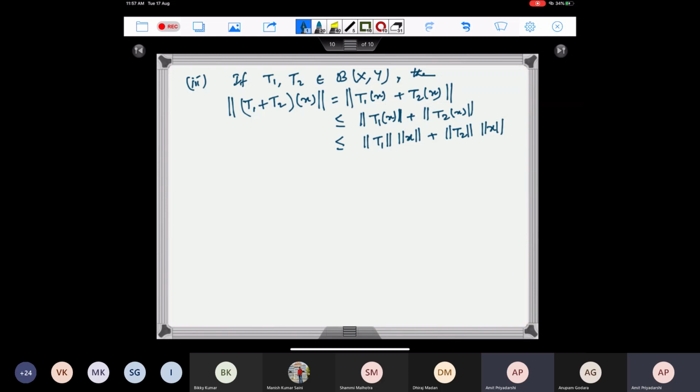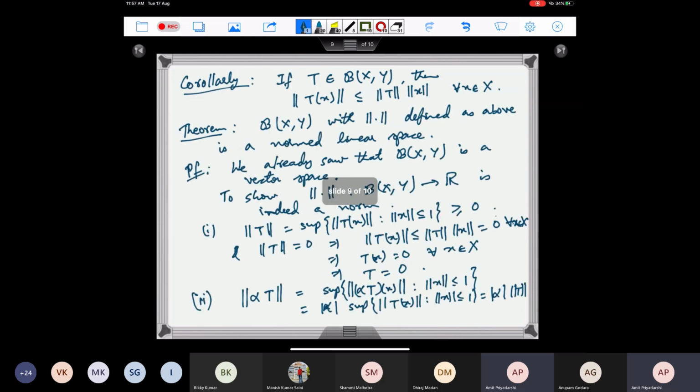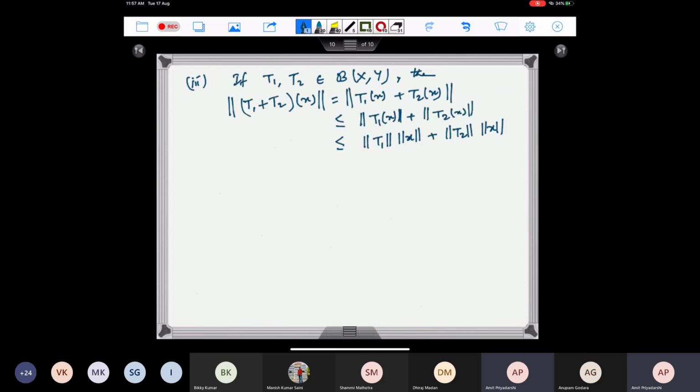This is by the corollary that norm of Tx is less than or equal to norm T times norm x. So this is true.